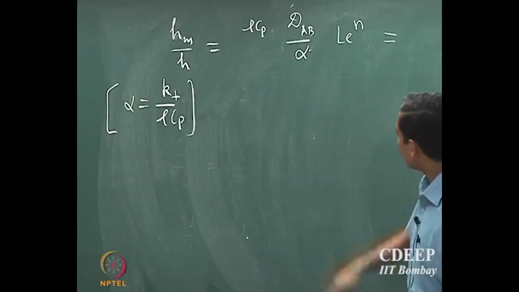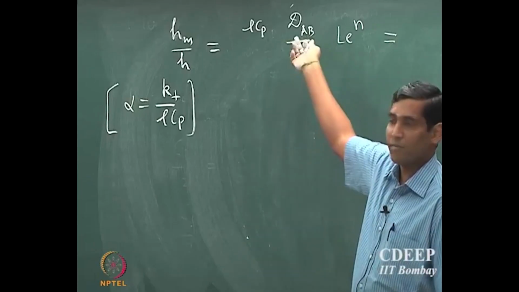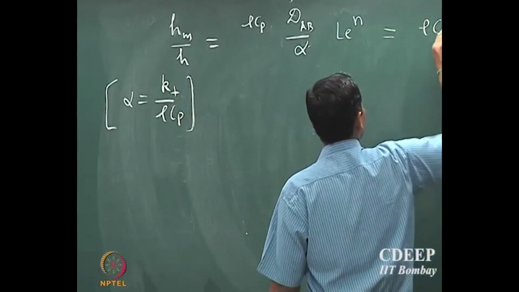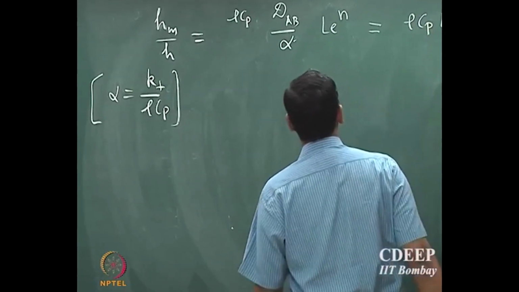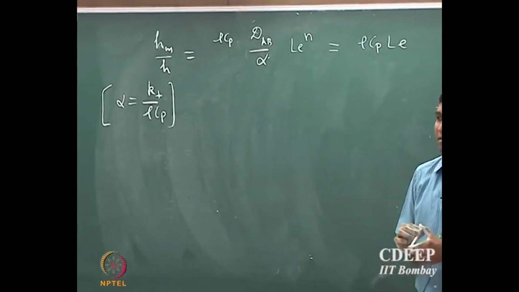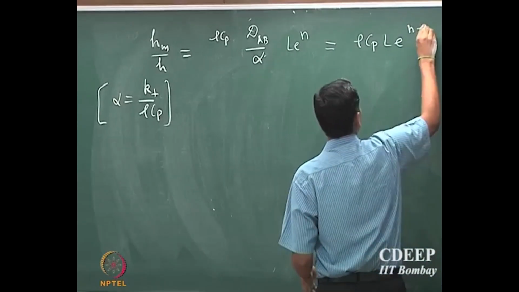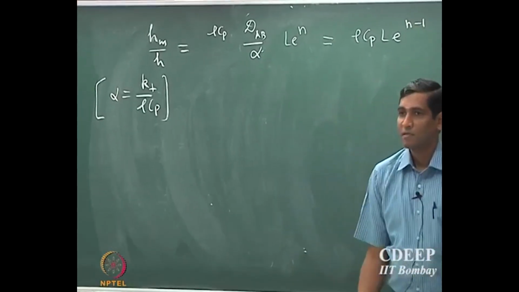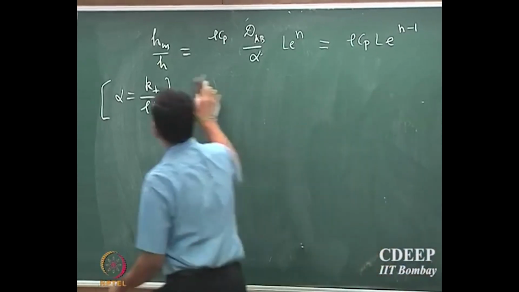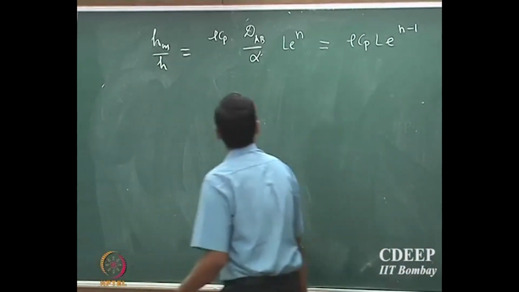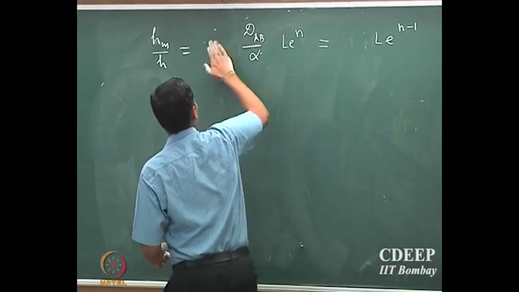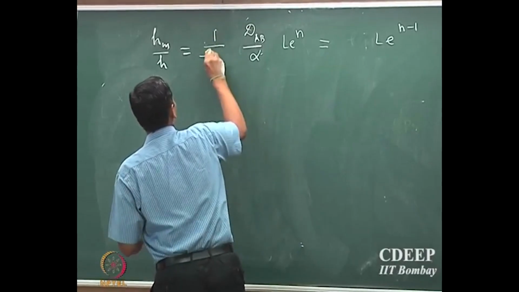But we also know that the Lewis number is alpha by DAB, from the expression that we have written there. So that will be rho Cp Lewis number to the power of 1 minus n, n minus 1. Did I get it right? Something is wrong. It should be 1 by rho Cp.